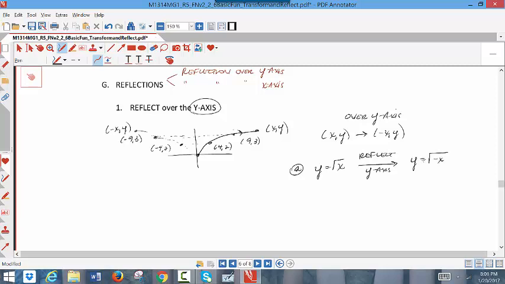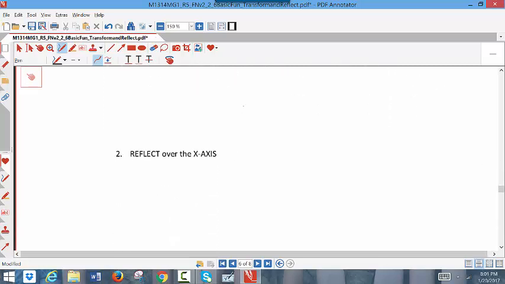Now you can put both of these in your calculator, and when you graph them, you'll see that the line on the right is y equaling the square root of x, but the graph on the left, which is dashed here and not very good, would be y equaling the square root of a negative x. So be sure you go ahead and verify that on your calculator.